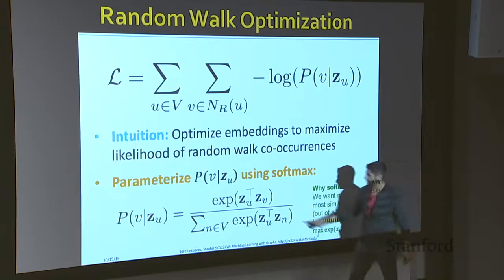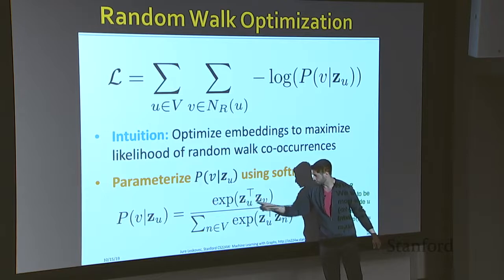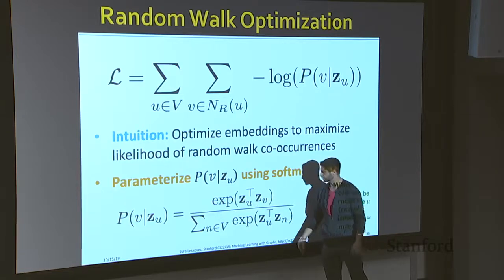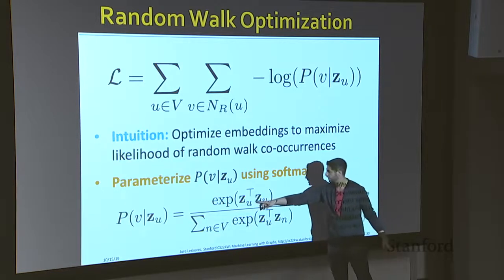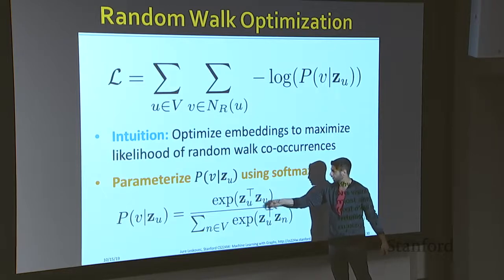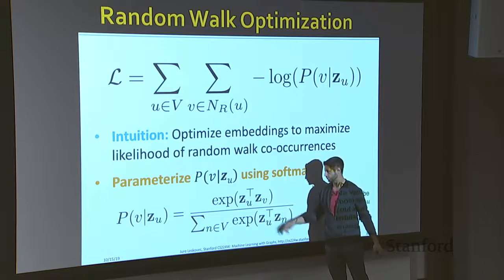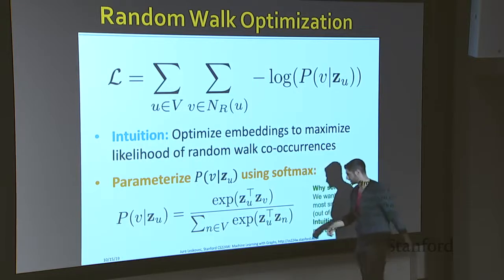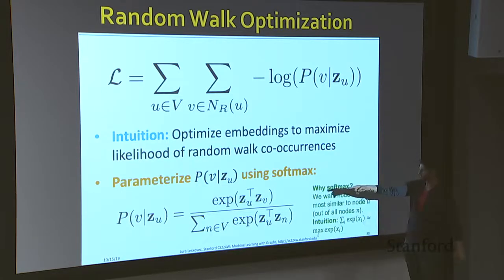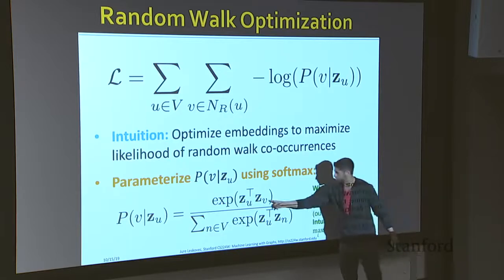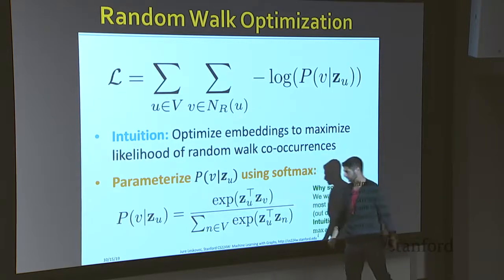When we take the exponential of the dot product between these two vectors, we get real values, and we want to turn these into a probability distribution. It will tell us how likely it is that, starting from node u, the representation of node v is close to it.